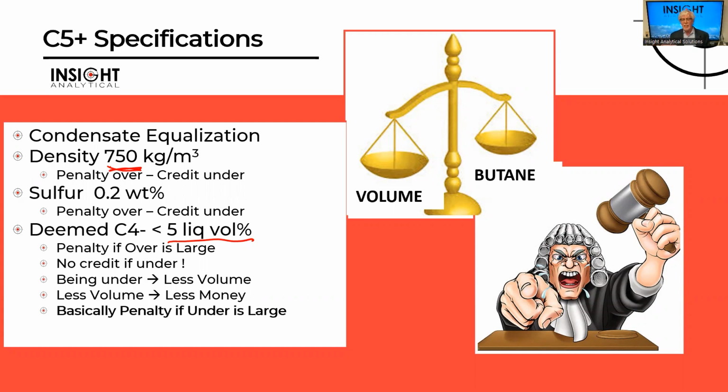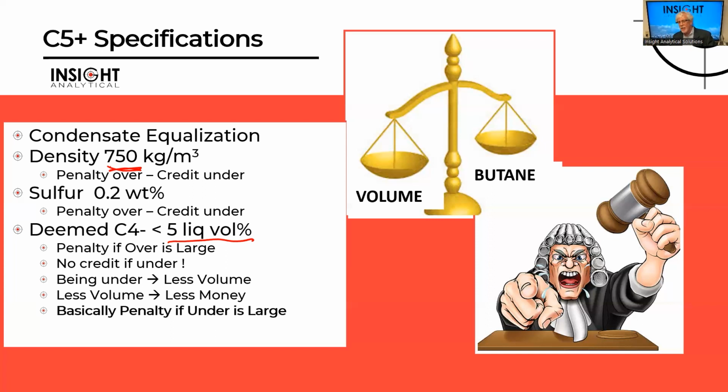Basically, they say, anything that's over 5%, we're not paying you a penny for that. So if you're 6% butane and the spec is 5, so you're 1% over, they say, I'm only going to pay you for 99 barrels of every 100 barrels of condensate that you give me. Because 1 barrel was too much butane, and I'm not giving you anything for that.